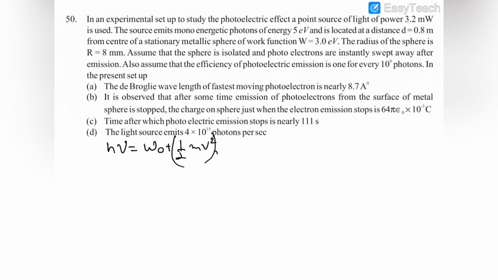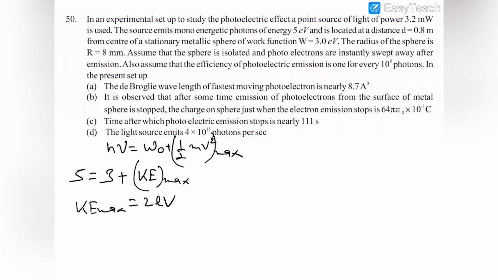This formula we know. Now you can see that the energy of the photon is 5 eV, and the work function is 3 eV, plus the kinetic energy of the fastest electron is 2 eV, which means that this electron has an accelerating potential of 2 volts.